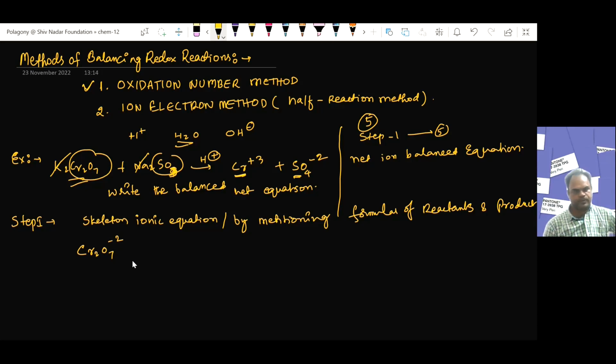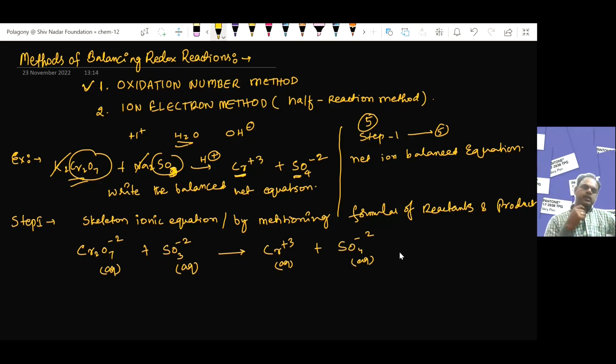Cr2O7 -2, dichromate ion in aqueous solution, combining with sulfite ion -2 in aqueous solution, carried out in acidic medium. So it changes into chromium +3 in aqueous solution plus sulfate -2 in aqueous solution.